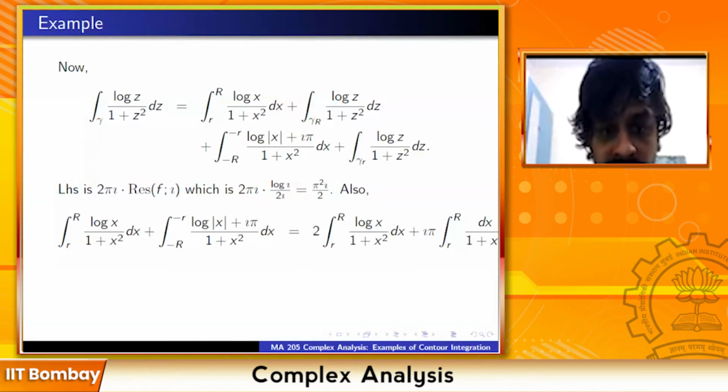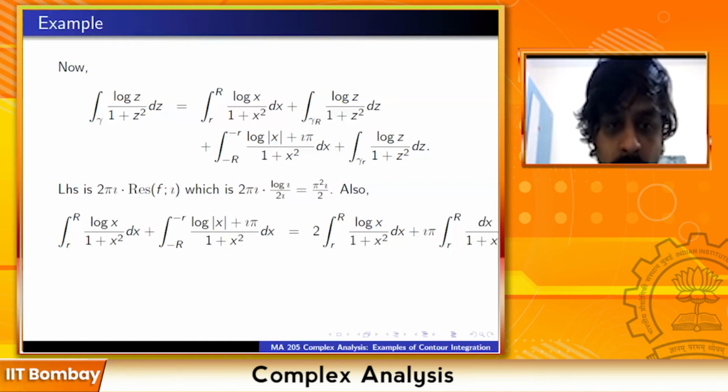Just make a change of variables if you like, and you will see that this is equal to this. For example, if you want to compute i pi times the integral of dx upon 1 plus x square from minus capital R to minus small r, make a change of variables.